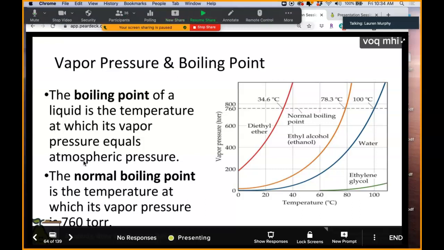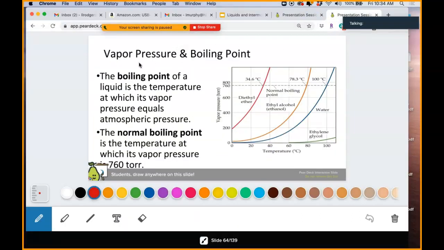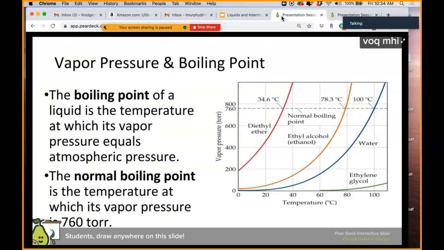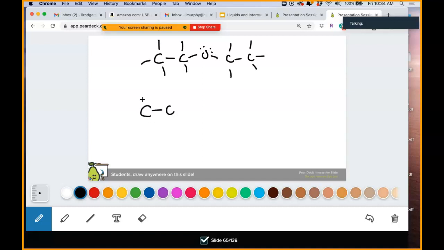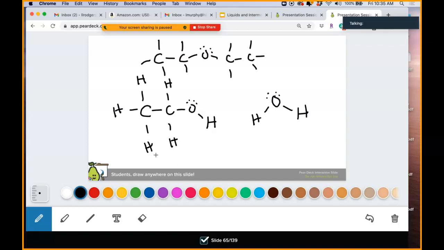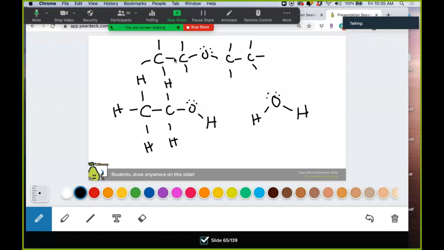Draw ethanol and water. Okay, so this is diethyl.